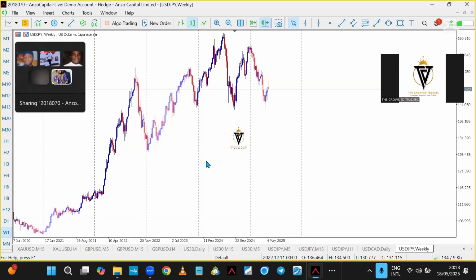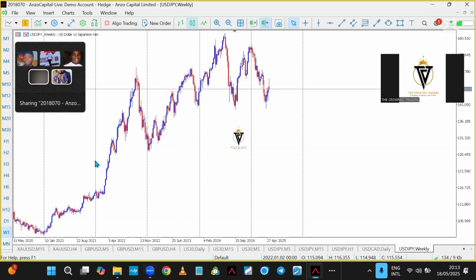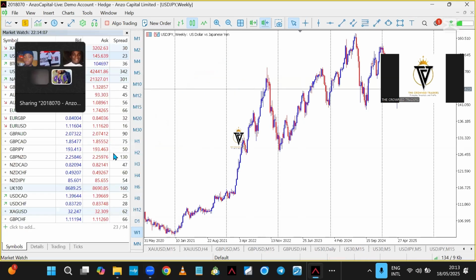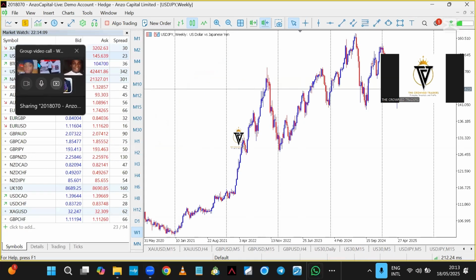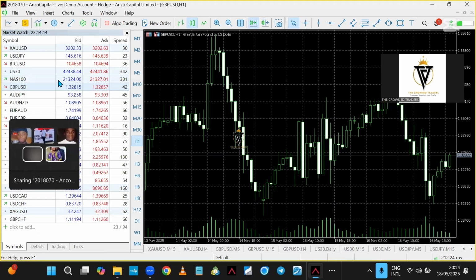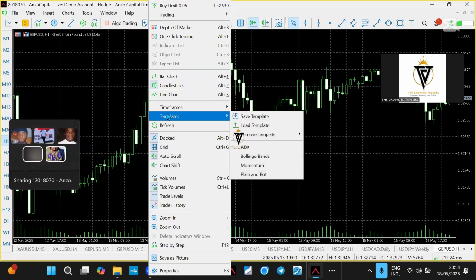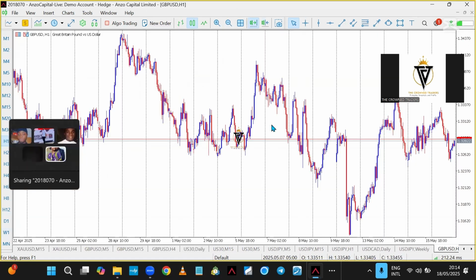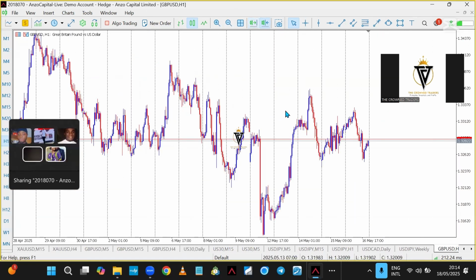I love USDJPY and GBPUSD. I think a lot of people also trade USD. I trade gold and US30. Those are my major pairs that are my focus. You can work with others if you want to.